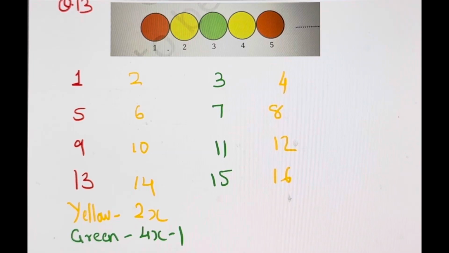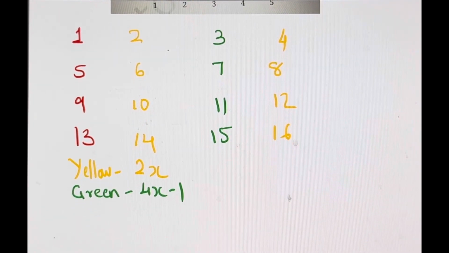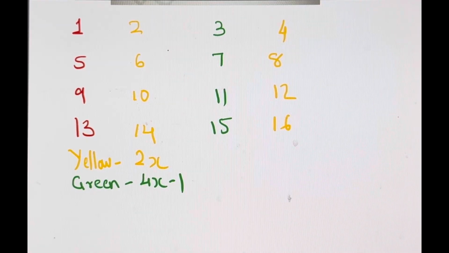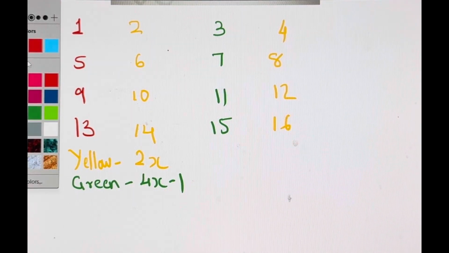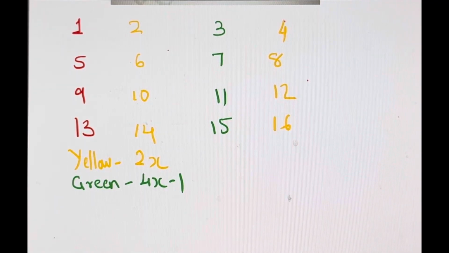Okay. Now observe the red color. If we see the red one, again we compare it with the multiples of 4. They are 3 less than the multiple of 4. 4 minus 3 is 1. 8 minus 3 is 5. 12 minus 3 is 9. 16 minus 3 is 13.